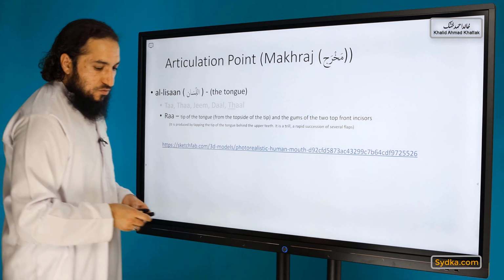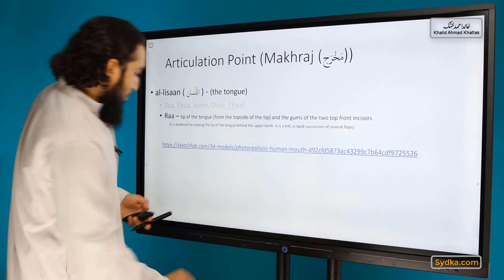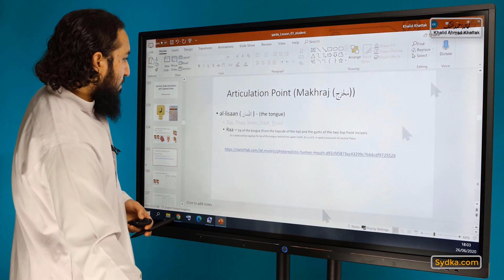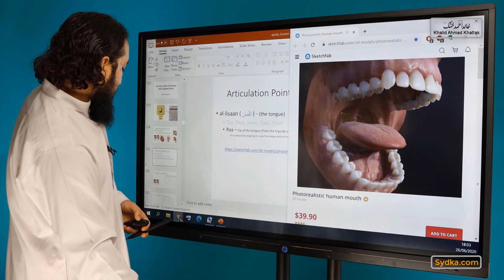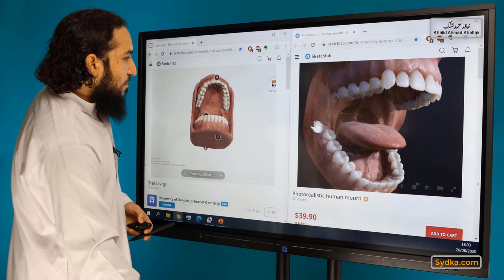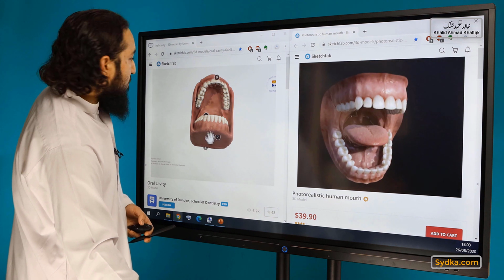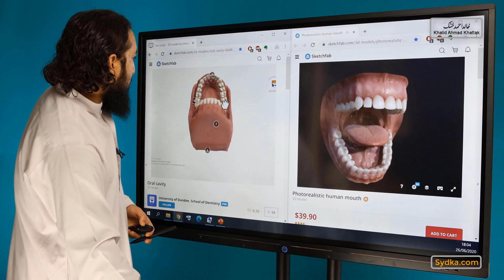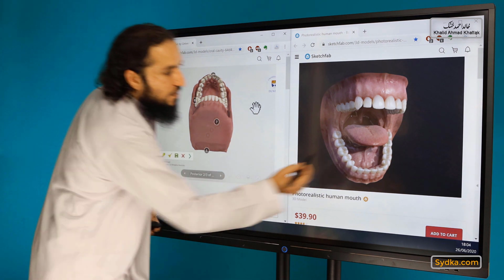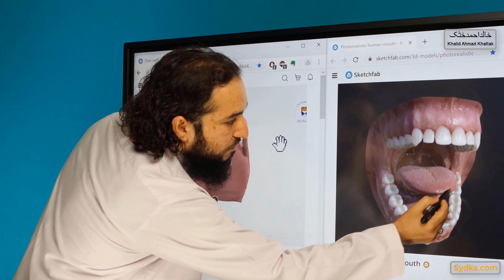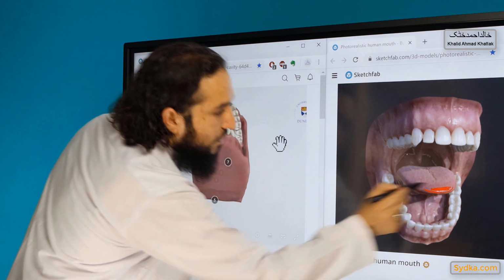Okay, let me explain that in 3D. Okay, so we have the tip of the tongue, but we will be using the top part of the tip of the tongue.